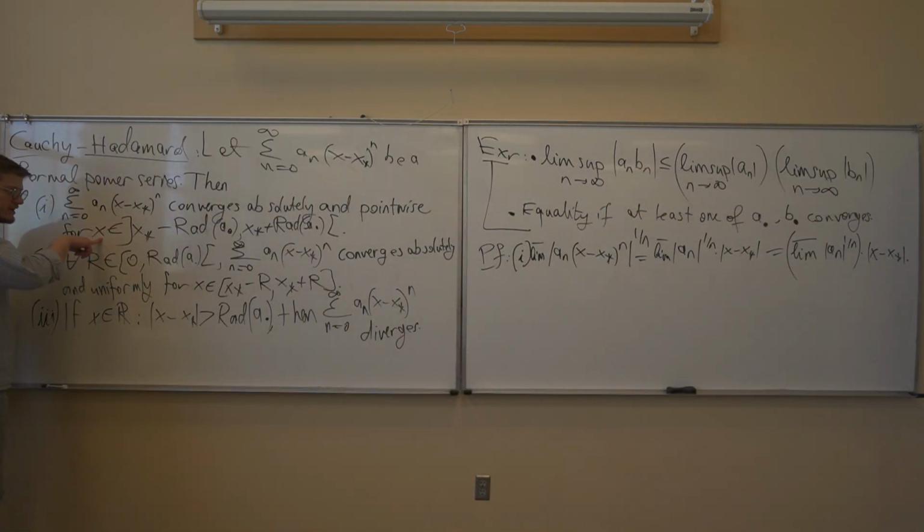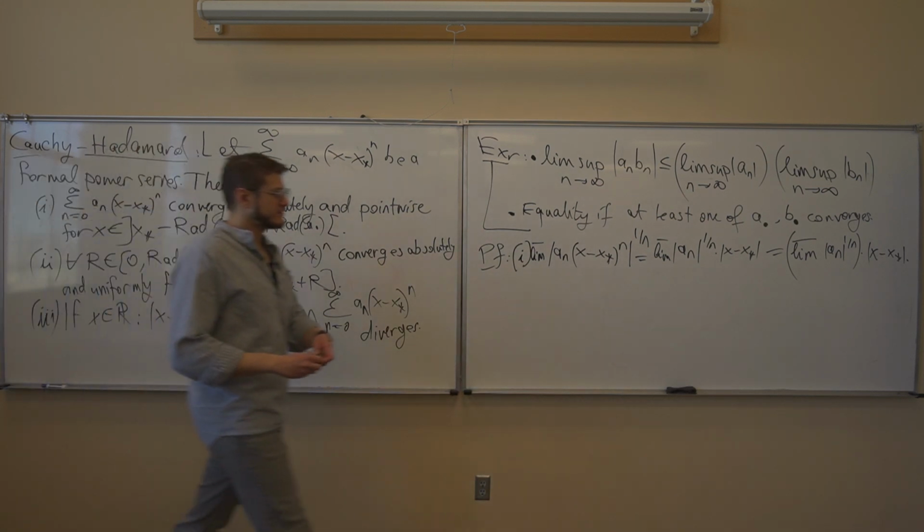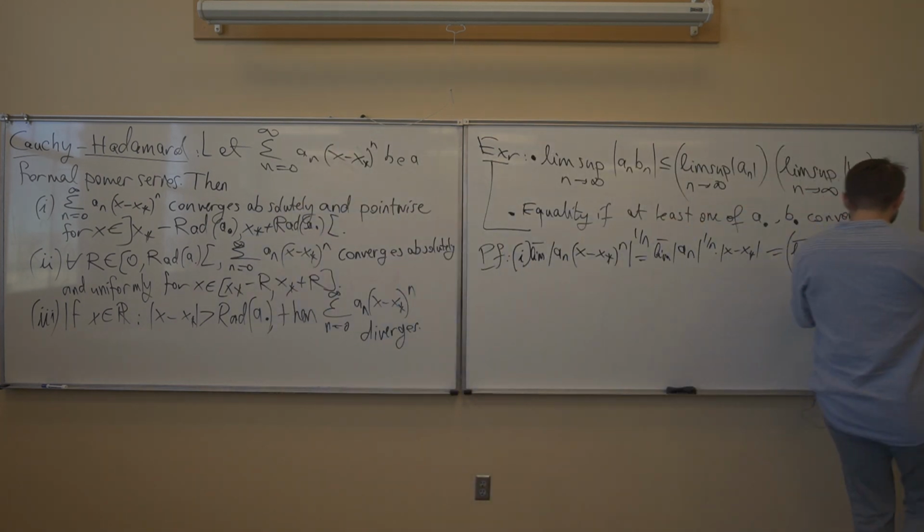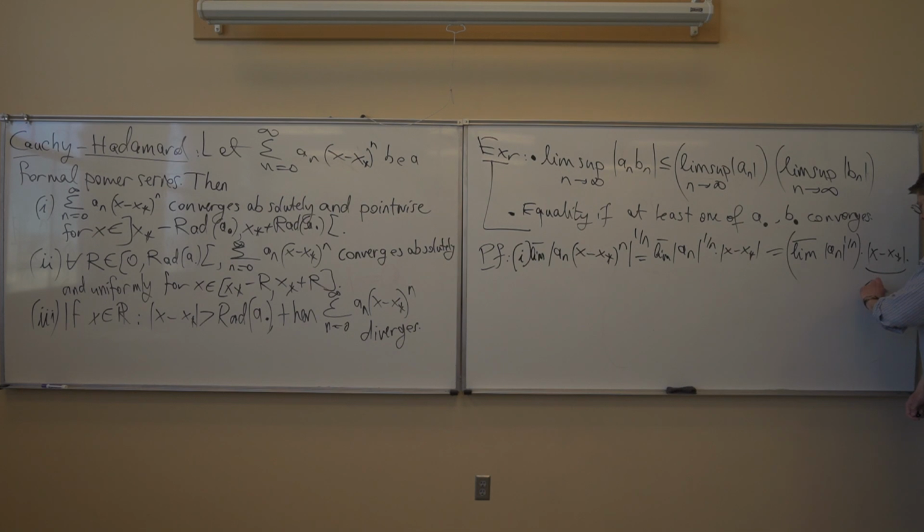Now, if x is at most radius of convergence close, or far from x star, then that means that this is bounded by rad of a bullet. And rad of a bullet is precisely the reciprocal of this extended number.